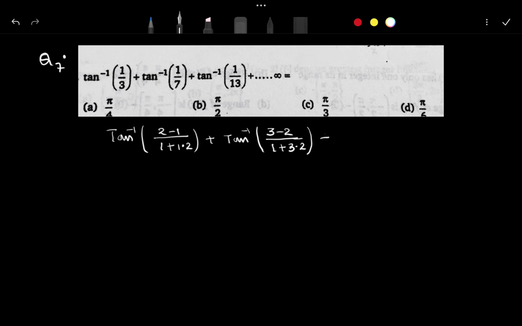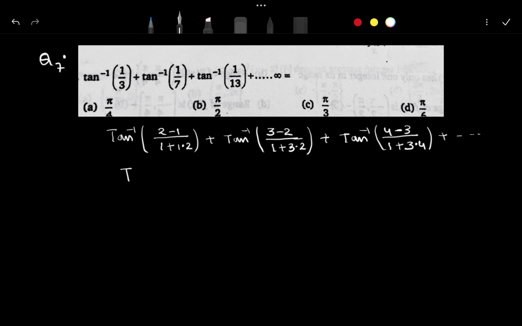Tan inverse of 1 by 13 you can write as tan inverse of 4 minus 3 whole divided by 1 plus 3 into 4, and so on. So by observing this value you can write the general term.